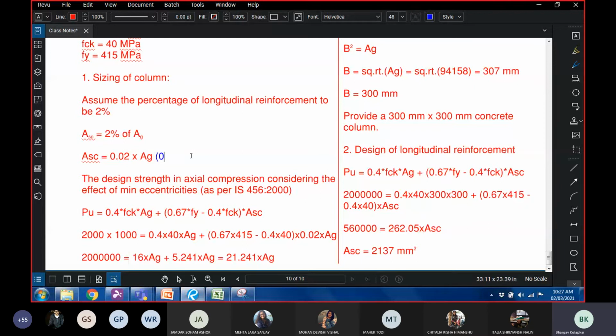So let us try to compute what is 0.02 times Ag, where Ag is 300 by 300. So this is 1800 mm square.